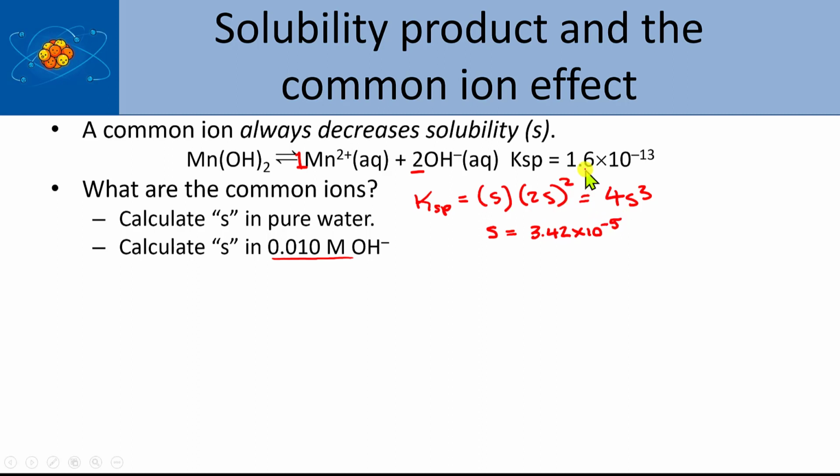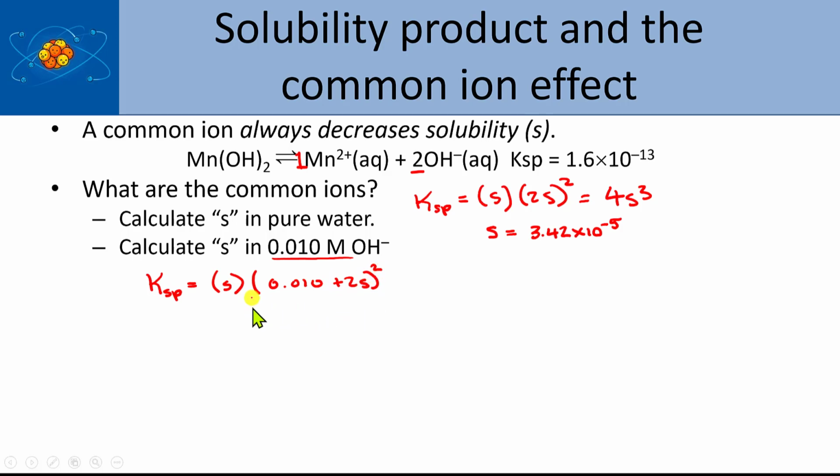Now, when you're going to do the molar solubility in 0.01 molar hydroxide, you have to recognize that the Ksp expression will have to contain this at the beginning. So we're going to have Ksp equal to S, because it's not that I'm adding manganese, I'm adding hydroxide, times 0.010 plus 2S, squared.